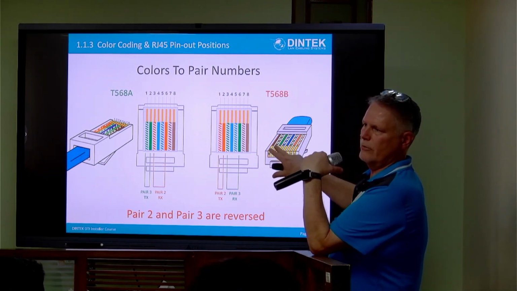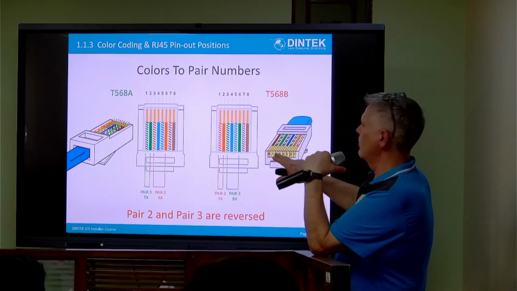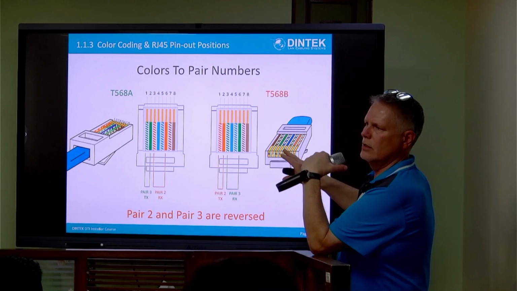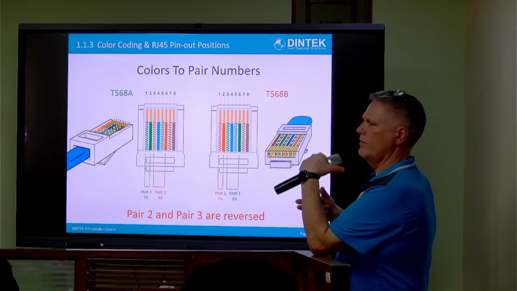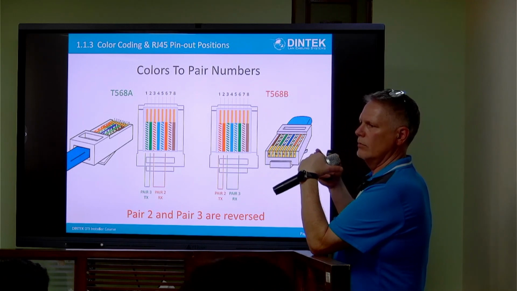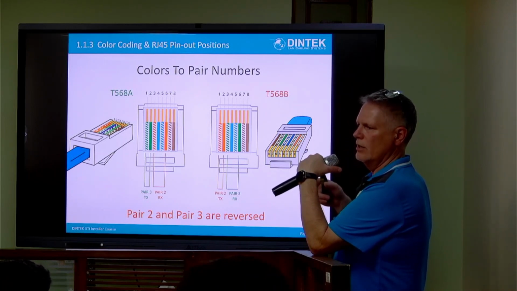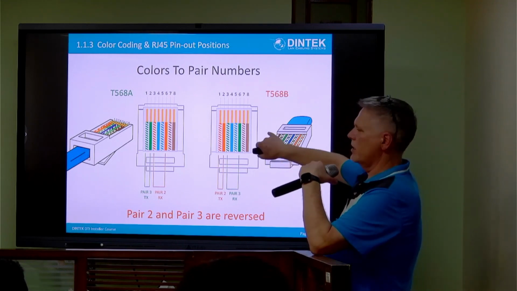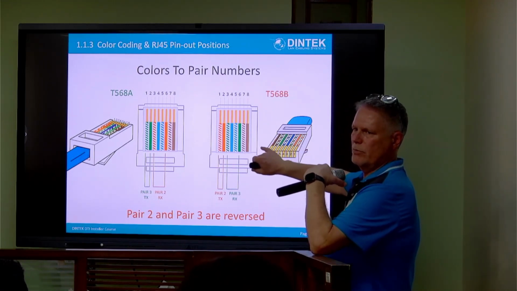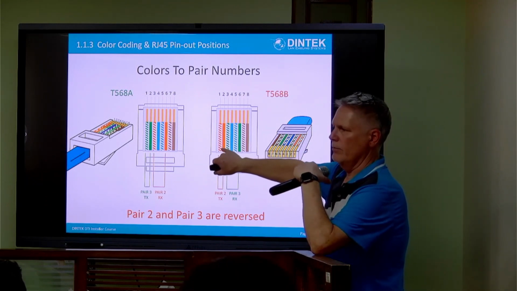Around the world, different countries tend to use different specifications. Which one do they use here? B. Okay. In a lot of Asian countries, in the Middle East, they tend to go for B. In the Americas, Pacific, they tend to go for 568A. 568B was actually the original specification, so it led with the orange pair.